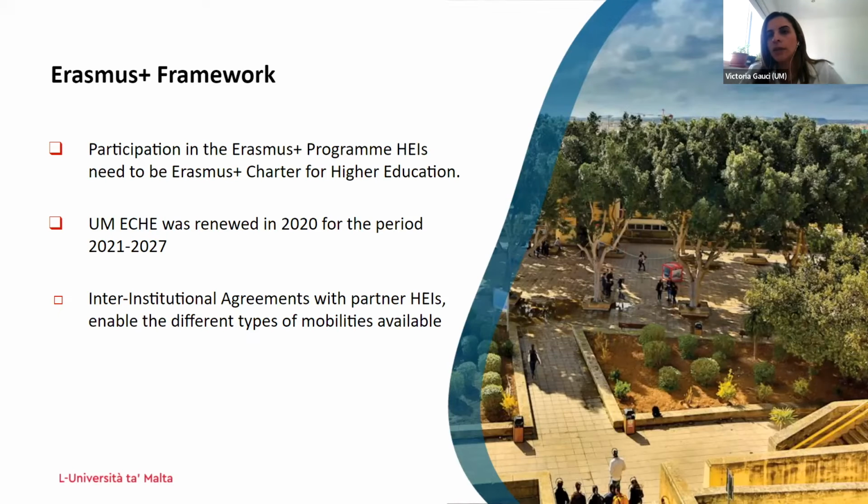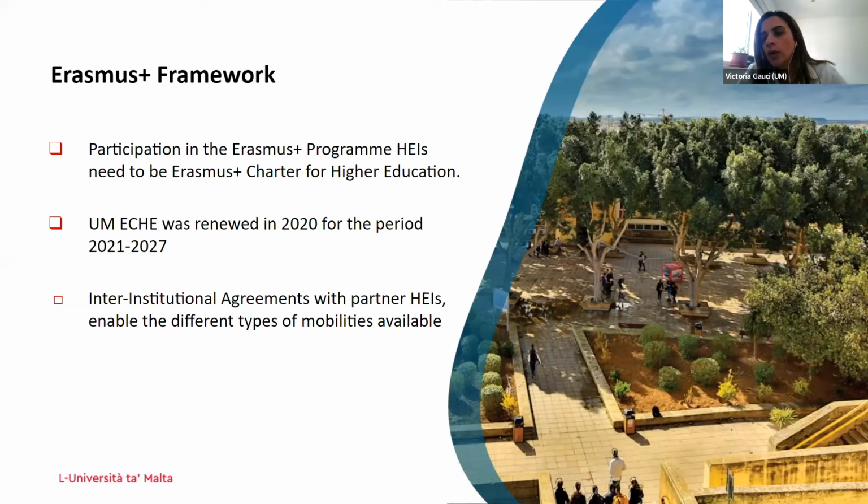This gives the framework within which Erasmus operates. So basically every higher education institution is able to participate in Erasmus if they are awarded what is referred to as an Erasmus Charter for Higher Education.